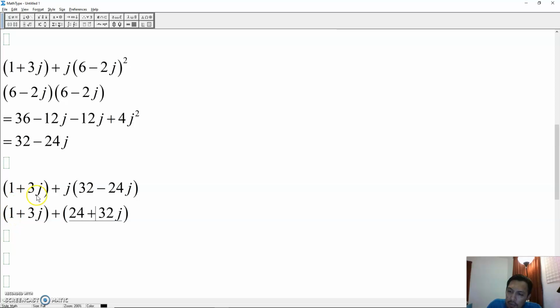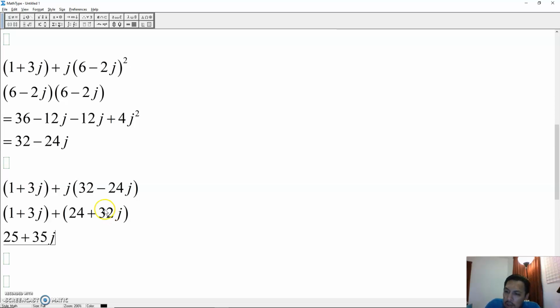So basically, this is just a simple addition between two complex numbers. 1 plus 24 gives 25, plus 3j plus 32j, which gives us 35j.